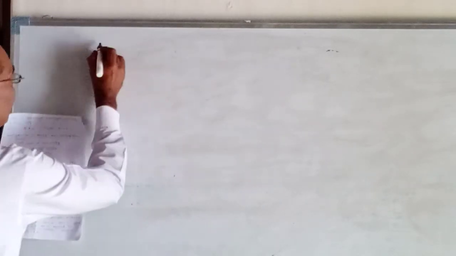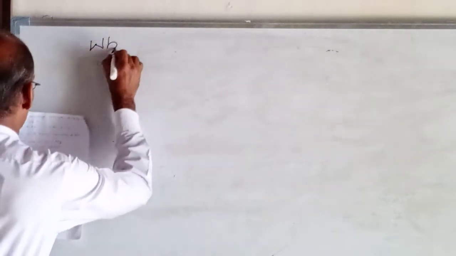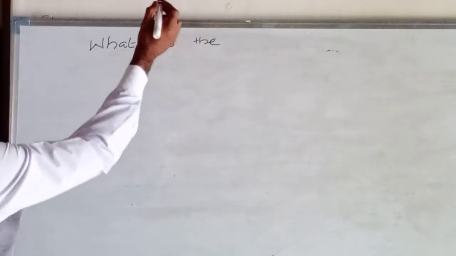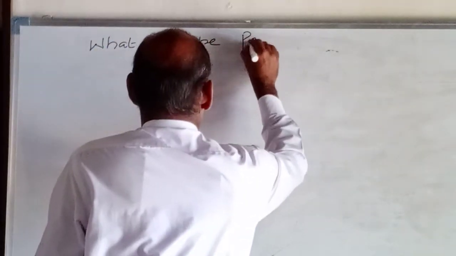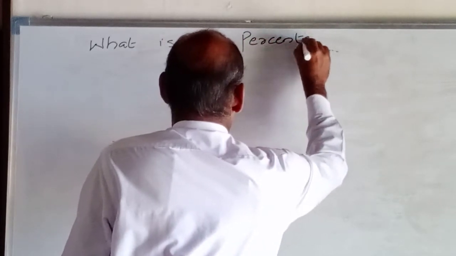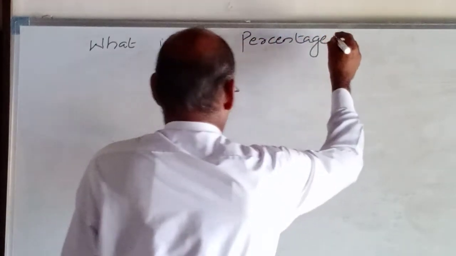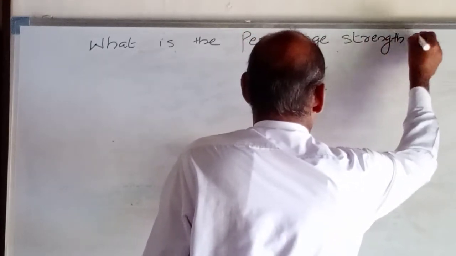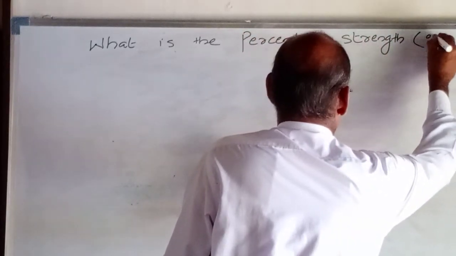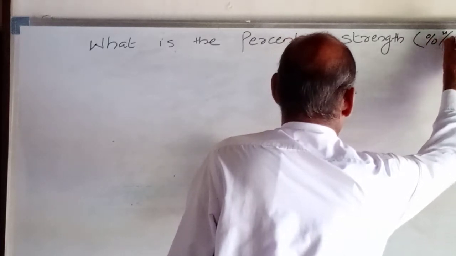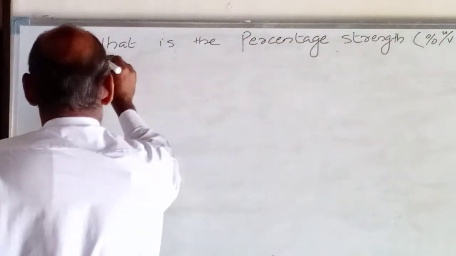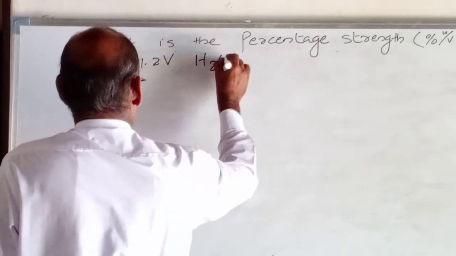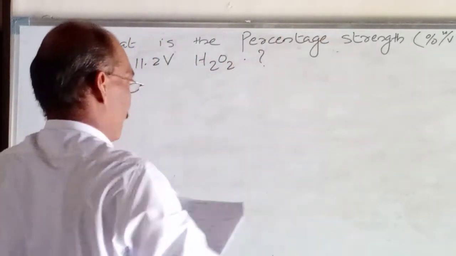What is the percentage strength, within the bracket meaning percentage weight by volume, of 11.2 volume H2O2, hydrogen peroxide.